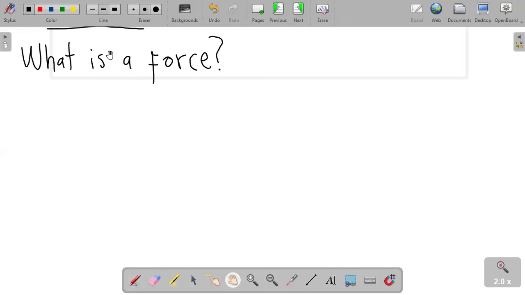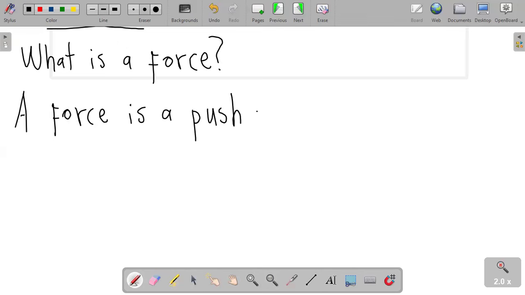We define this thing the following way. We say a force is a push or a pull on an object.